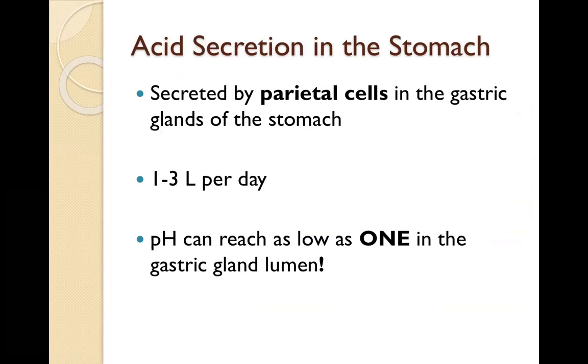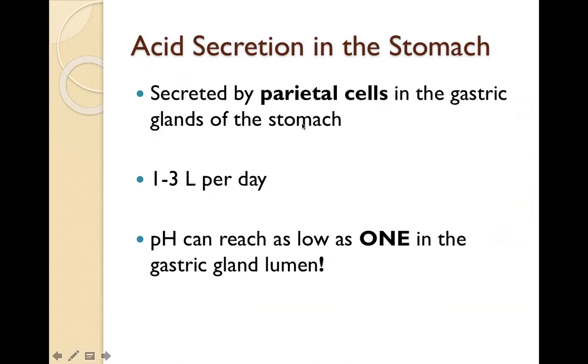Okay, so one of the secretions that we're going to talk about in a lot of depth here is acid secretion. So the stomach makes hydrochloric acid. It's within the gastric glands itself that there are cells that produce hydrochloric acid, and these specific cells are called the parietal cells.